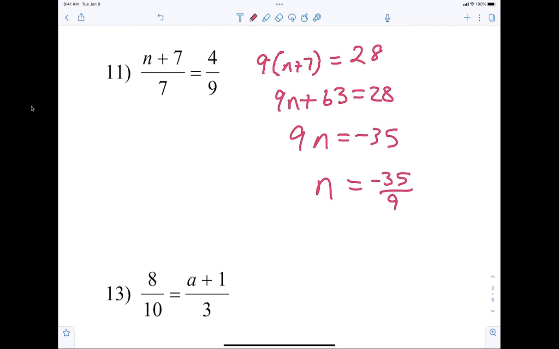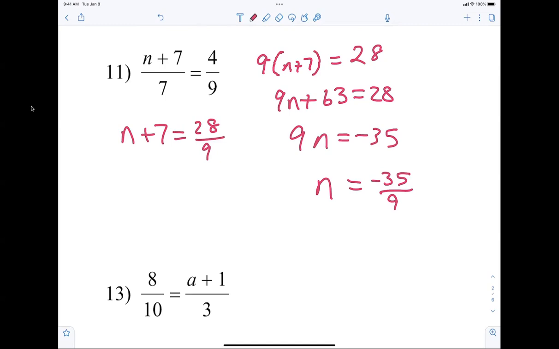All right, now, here is how I'd want you guys to do it. I want everybody to look up here on the board and see if you're with me. n plus 7 equals 28 over 9. What did I do?